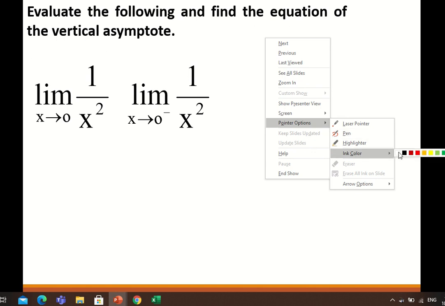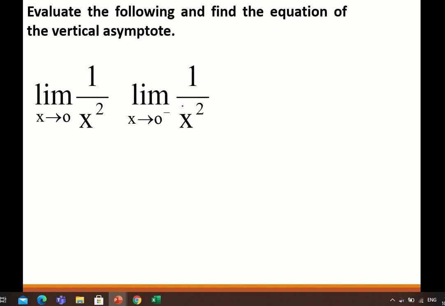Okay, so 1 over x squared, from the left. Again, using the number line system, assuming this is our 0, we have 1 here, 2, 3, 4, and so on and so forth.